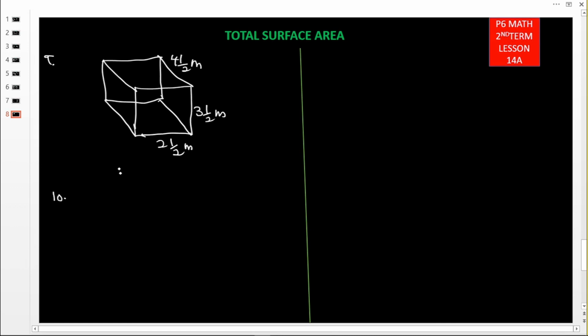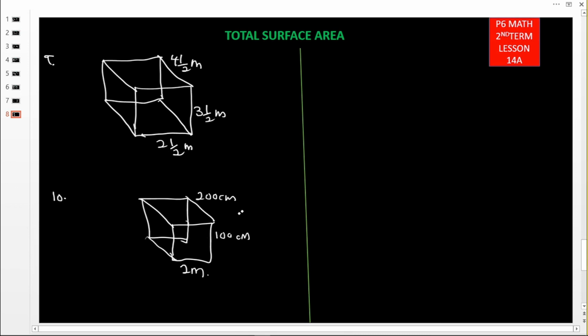Number 10, this one here. This is 200 centimeters, 100 centimeters, and 2 meters. Now when you look at this one, when you have different units, you have to convert them. So you will have to convert centimeters to meters, then you compute.